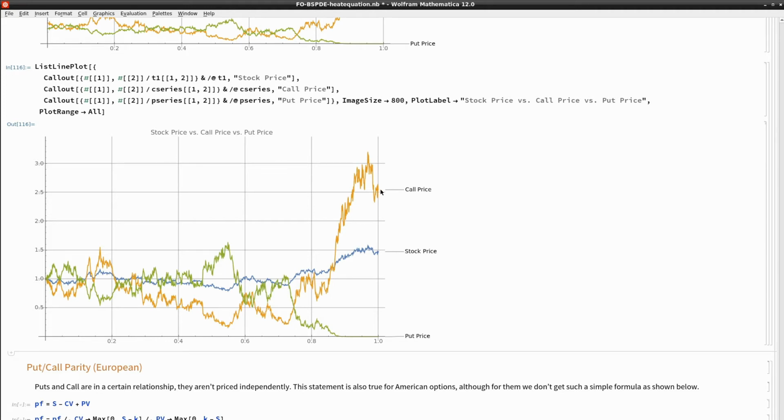That means the option price changed by a factor of 2.5, much more than the stock price. All 3 of them start at 1, but you see that the orange curve is much more sensitive, much more responsive compared to the blue curve. This is the leverage. Leverage is that ratio.